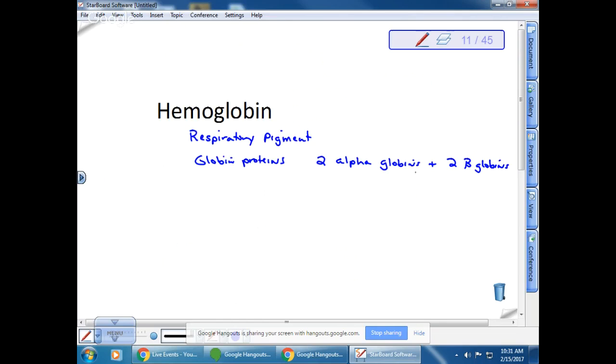Those are Greek letters. So this is alpha, right? And this is 2 beta. So we have 4 total globin proteins in the hemoglobin molecule. And then we have a heme group. And the heme group is what contains the iron. So this is what makes up the hemoglobin components.